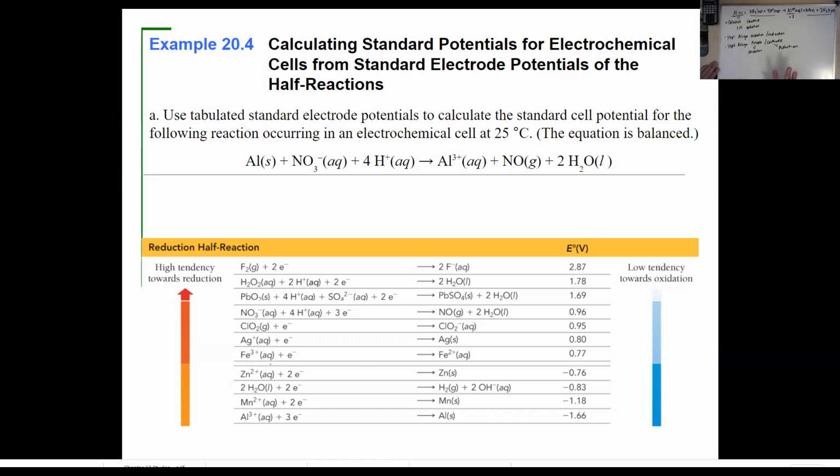Just write down the values that are given in the table for now. Okay, so our aluminum reaction is going to have an E value of negative 1.66 volts. And our nitrogen reduction reaction is going to have, where's that at?